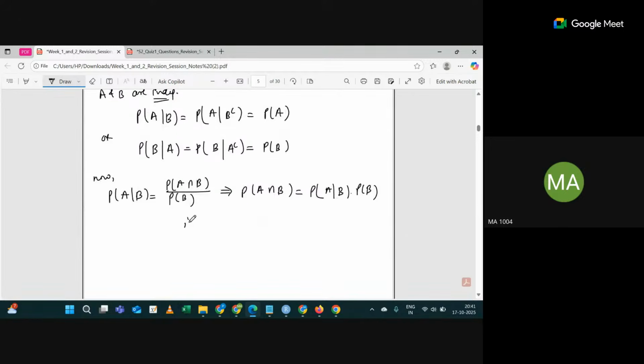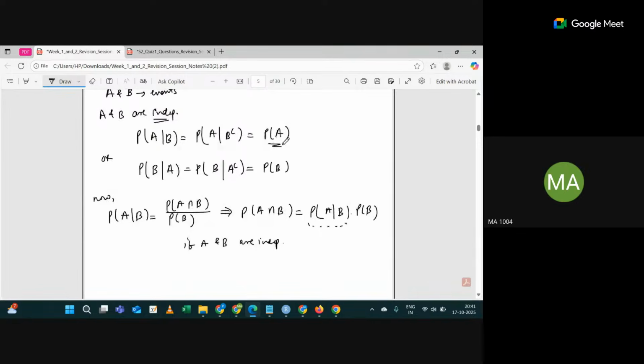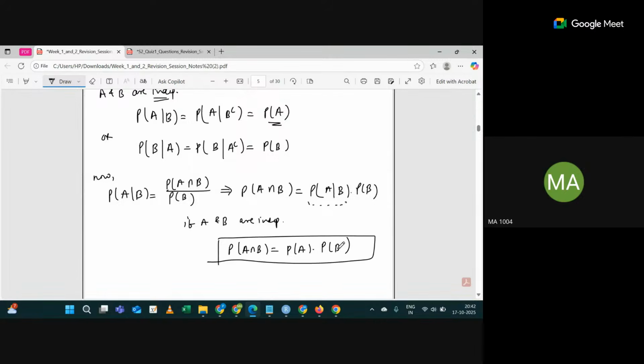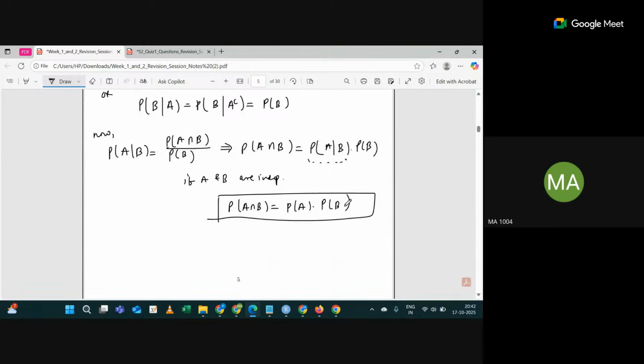Now, if A and B are independent, probability of A given B can be written as probability of A. So I can write probability of A into probability of B. This is the formula we use to test the independence of two events.